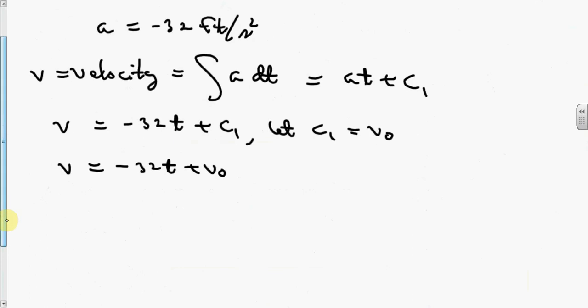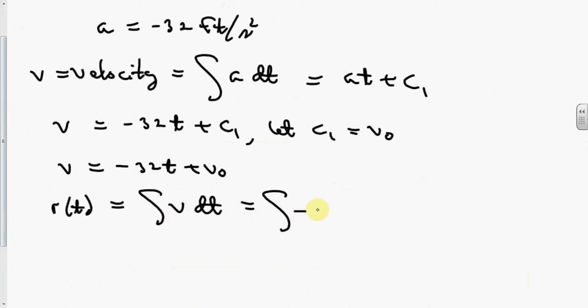Is it also true that if I take the integral of the velocity, I have the position or the distance, x here, this would be r? Right? So r of t is equal to the integral of v dt.